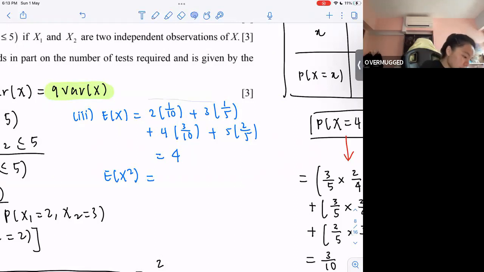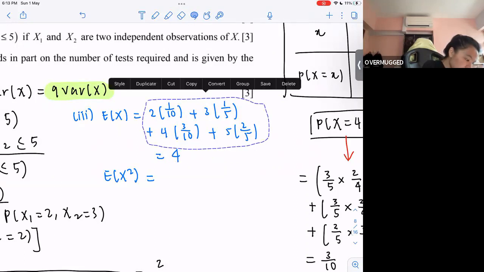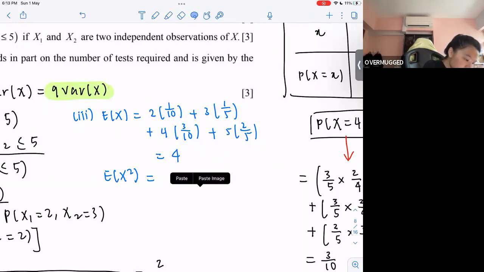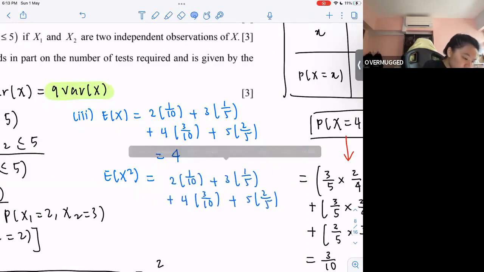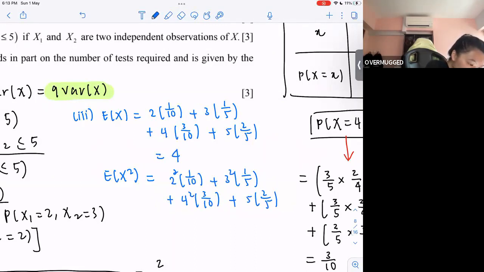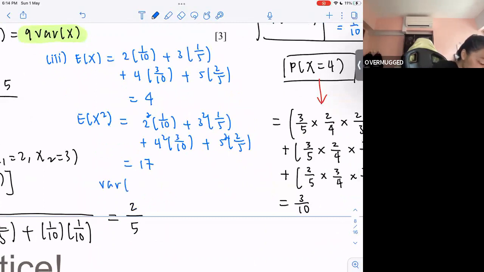But all the constants would be squared over here. Go and calculate this out, right? You should get 17. So what is the variance of X? It will be this 17 minus your 4 squared, which is 1.